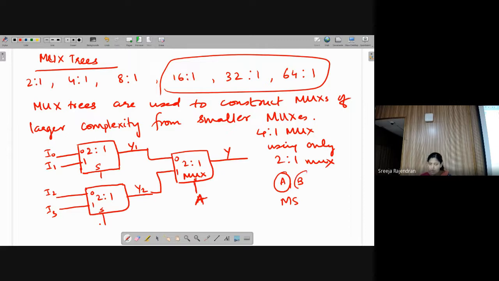Next, I have B also, which I can use as a select line. That will be used in this stage. Got it? So in every stage, it will be the same select lines that I use. If I have four 2:1 muxes in this row, each of them will still have B as a select line. They have a common select line. Is it clear, Jay?